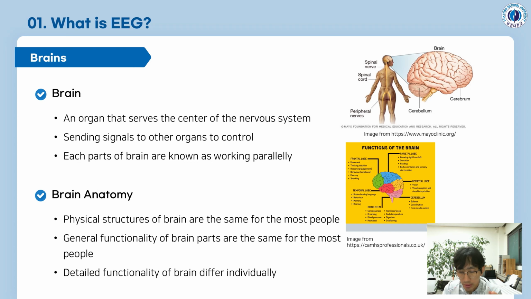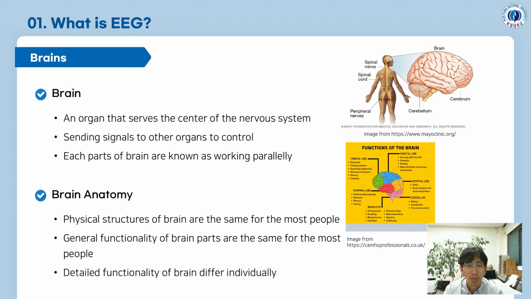Our brain is controlling so many things in our bodies. There are some organs working without brain signal, like the heart. But yeah, most of our bodies are working under the control of our brain.